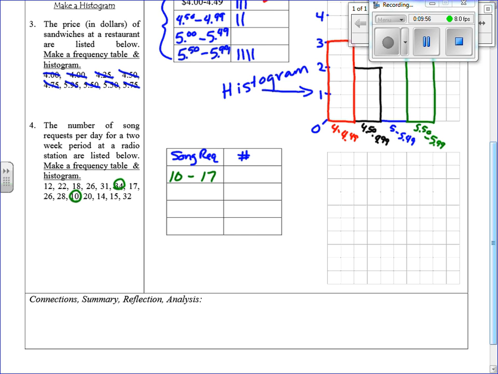And then we'll do 18 to 25, 26, 27, 28, 29, 30, 31, 32, 33, and then 34, 35, 36, 37, 40, to 40. I think that works out. Okay, so now we have nice even intervals.